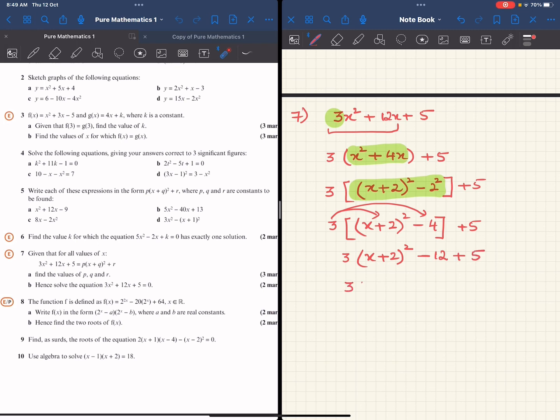So this gives me the final answer, 3 into x plus 2 the whole squared minus 7. So I need to write the value of p, q and r. So p is equal to 3, q is equal to 2, and r is equal to negative 7. That answers part A of question 7.